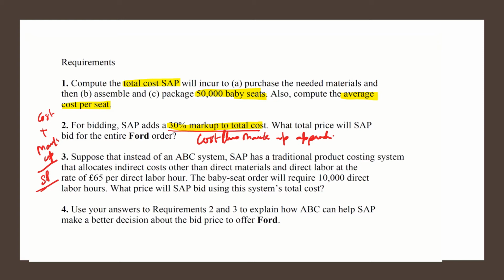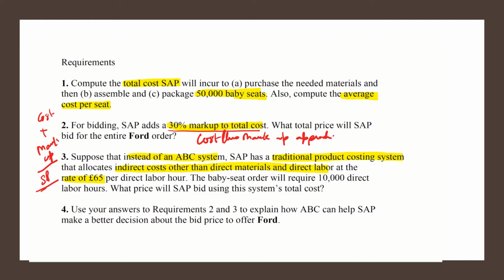And also, suppose that instead of the ABC system, the company is using a traditional product costing system and allocates indirect cost other than direct material and direct labor at a rate of 65 pound.